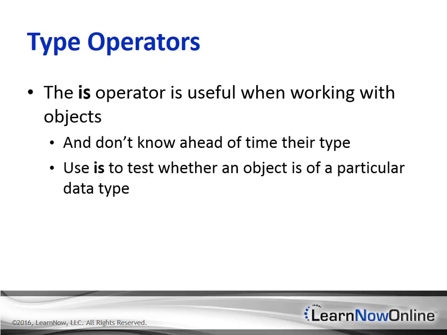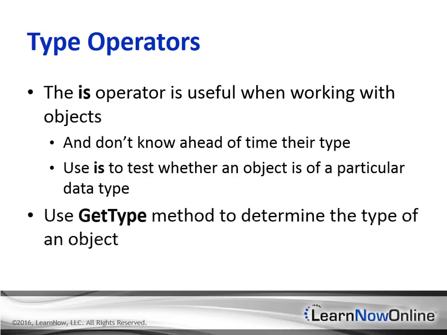So you want to use the is operator in order to test whether an object is of a particular data type. It's sort of similar to equality or inequality for types. And then there's also the GetType method that lets you determine the type of an object. It actually returns a value that identifies what type that object is.